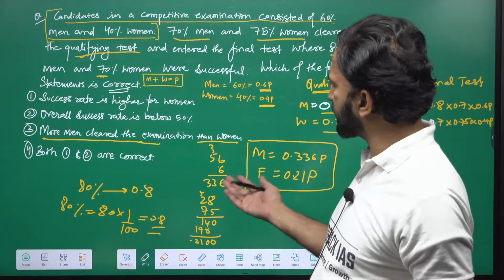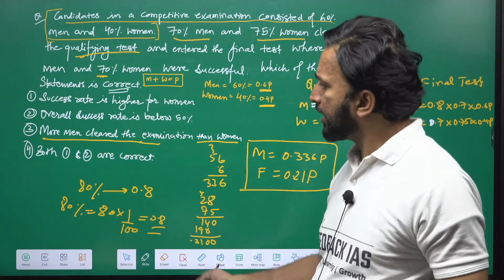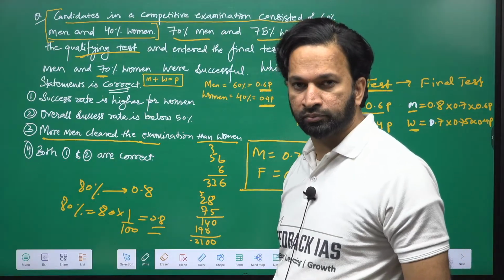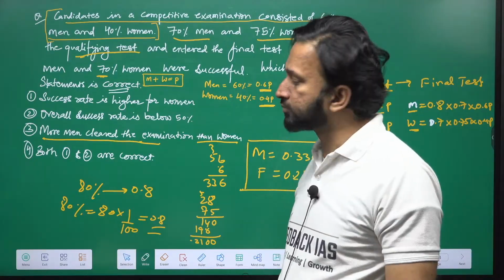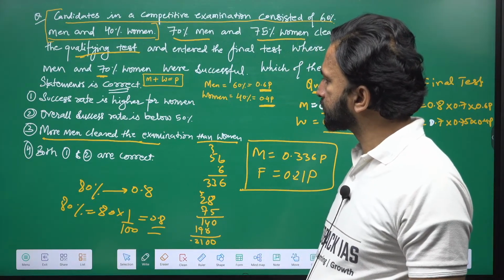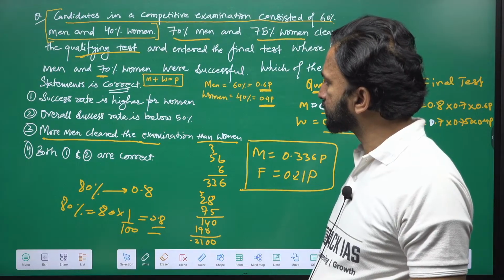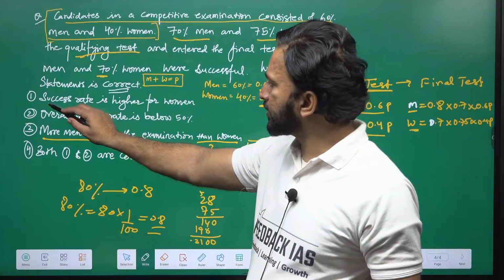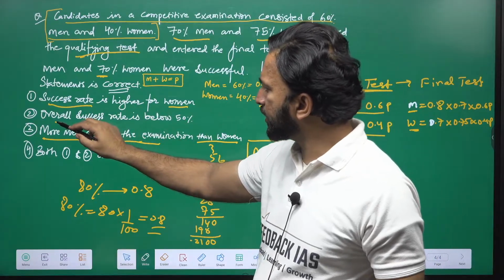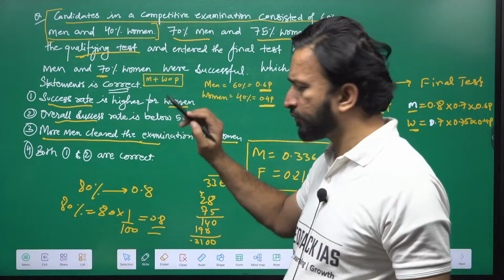Do we need to solve this further, because already we got one answer, and in question 4, 3 is not given as it is. So we can calculate the success rate of women. We can calculate the success rates of average.